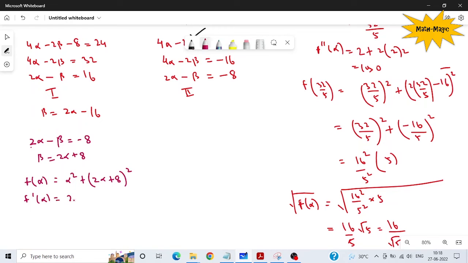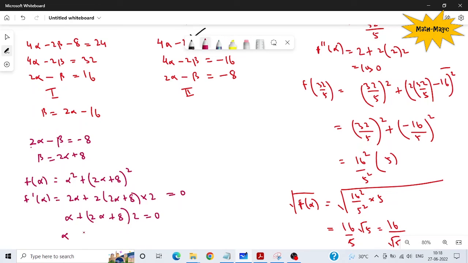So f dash of alpha is equal to 2 alpha plus 2 times (2 alpha plus 8) into 2. Then we equate this to 0, so we can take 2 common and we are left with alpha plus (2 alpha plus 8) into 2 equals 0.